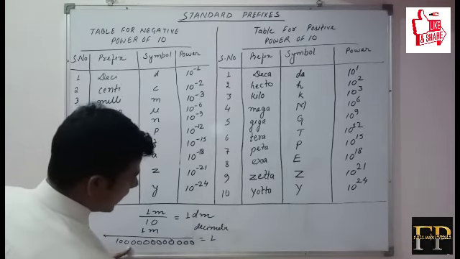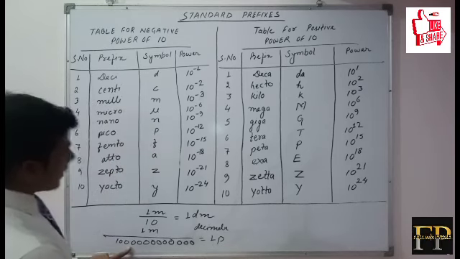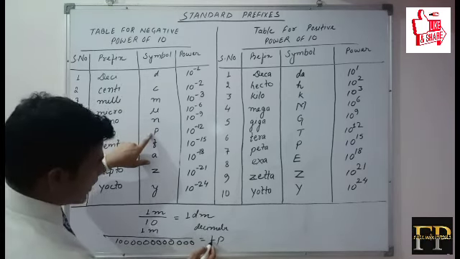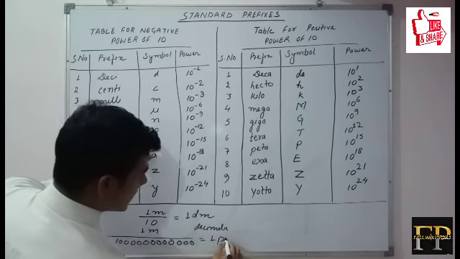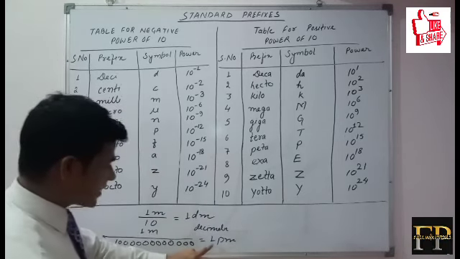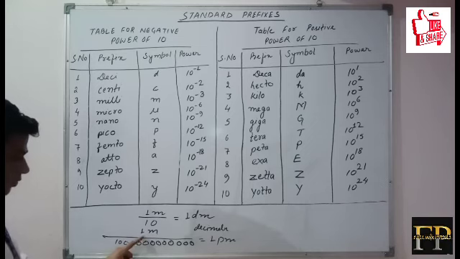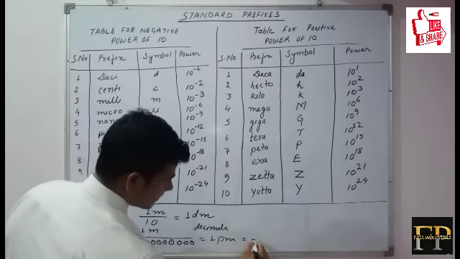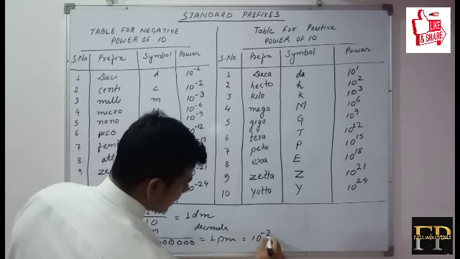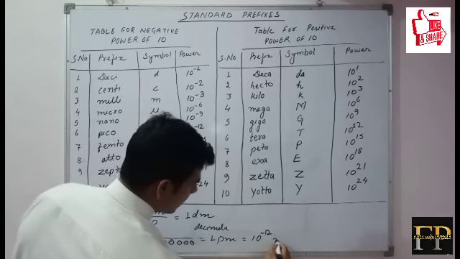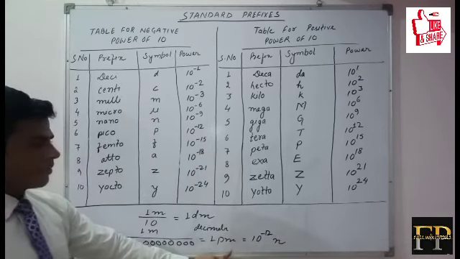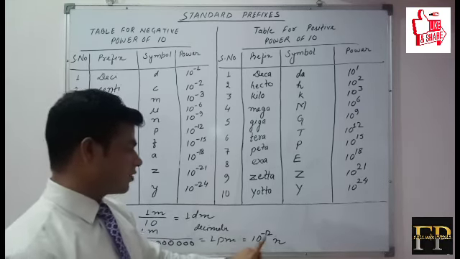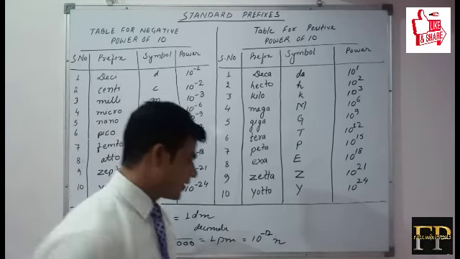So we will write 1 pico, the symbol of pico is p, and the symbol of meter is m. It means 1 picometer is equal to 10 to the power minus 12 meter.